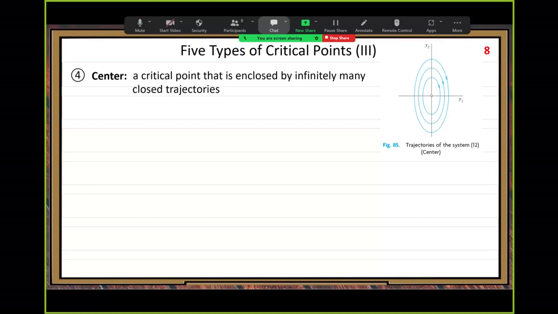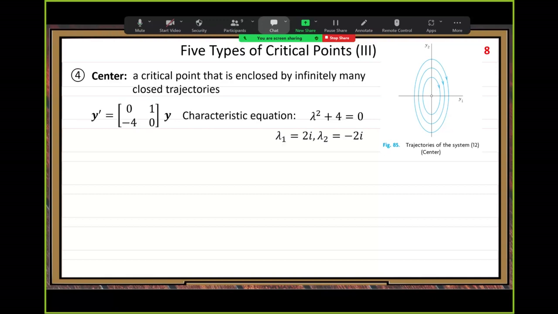Example like this equation: the characteristic equation here has two complex roots, lambda squared equals minus 4, so lambda is plus or minus 2i.